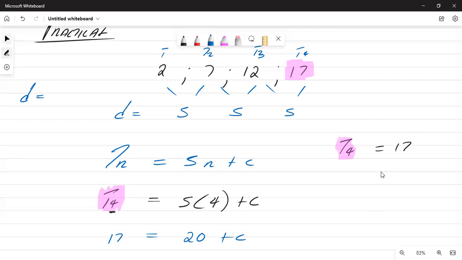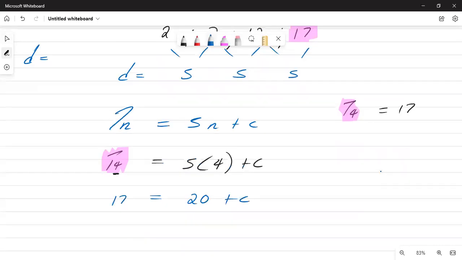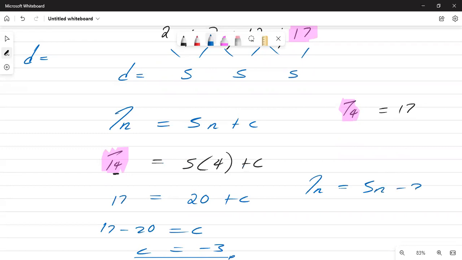In order to get the value of c, 17 minus 20 is equal to c. Therefore, c is equal to -3. If I write this as a complete formula, tn is equal to 5n minus 3. And just like that, you now have your equation for a linear pattern.